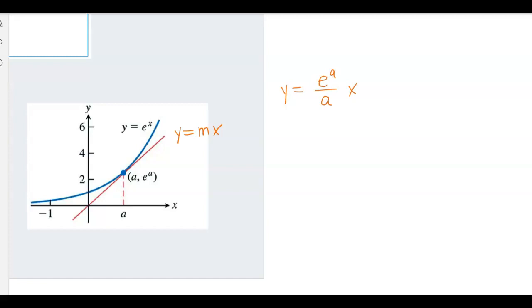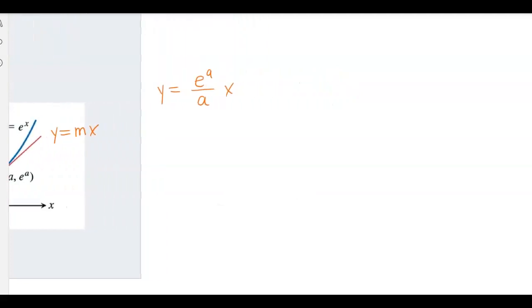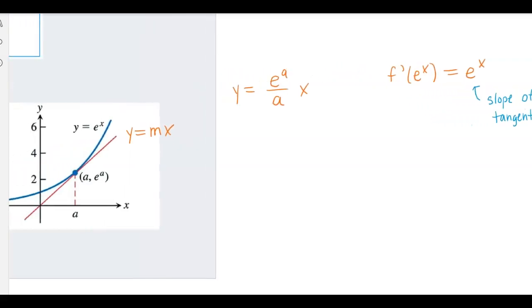All right. Now, that's kind of the first part. The second part is that what we just saw was that the derivative of e to the x is e to the x. This will be the slope of any tangent line. Well, we're looking at the slope of the tangent line specifically at the point a, aren't we?